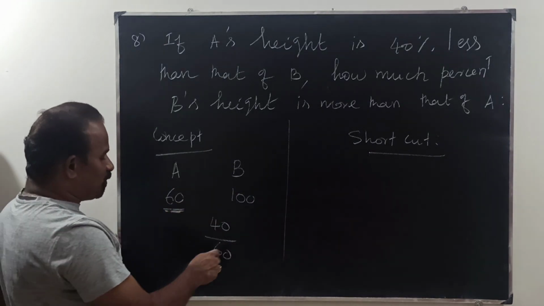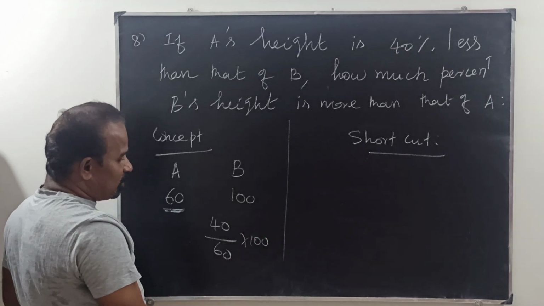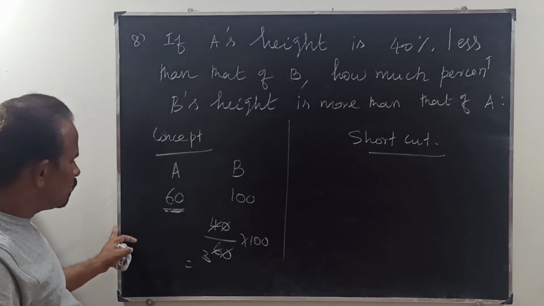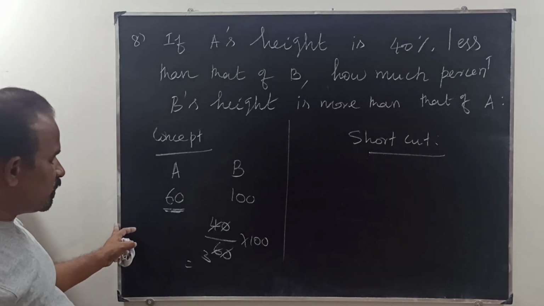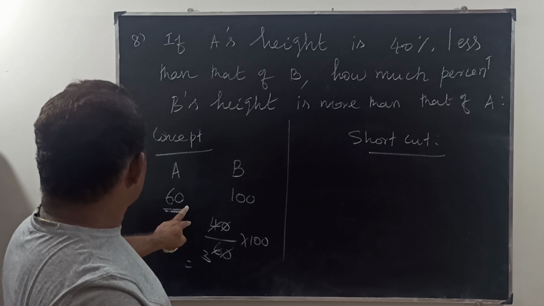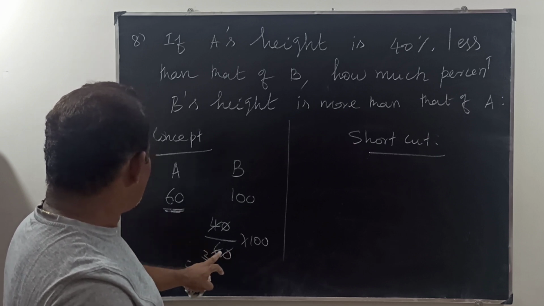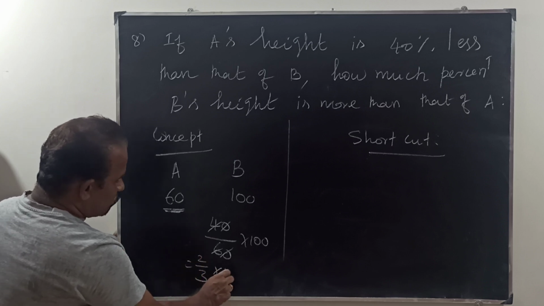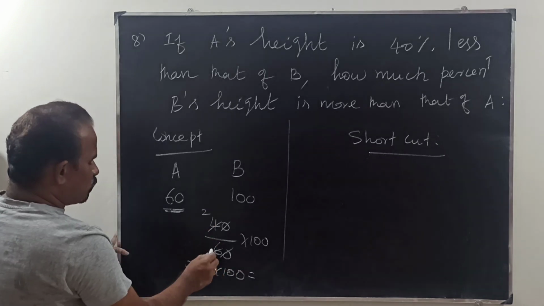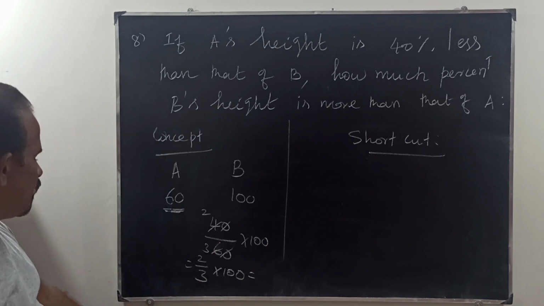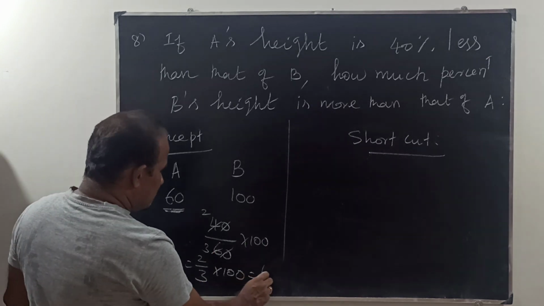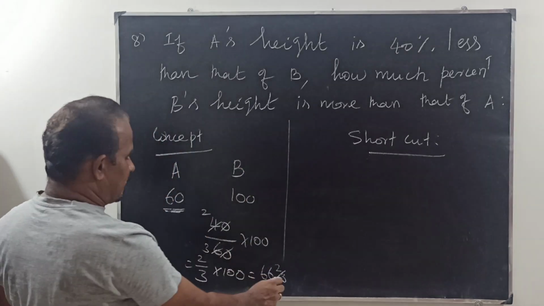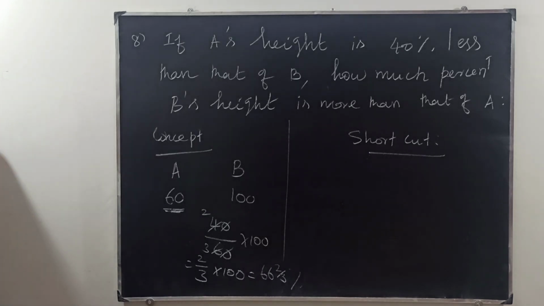So therefore, 40 divided by 60 into 100, which is 2 by 3 into 100, which is equal to 66 2 by 3 percentage. This is the concept.